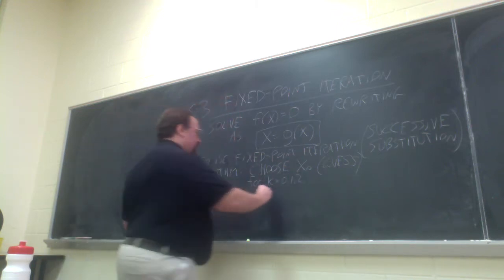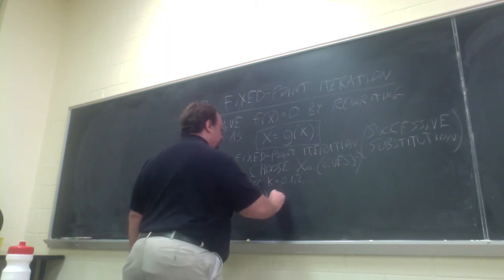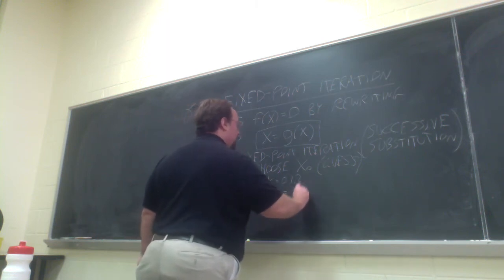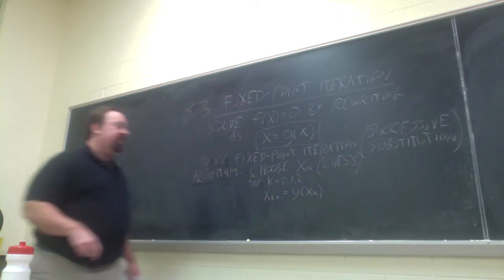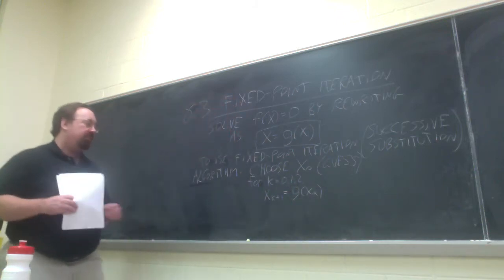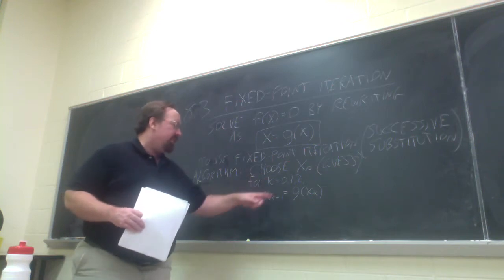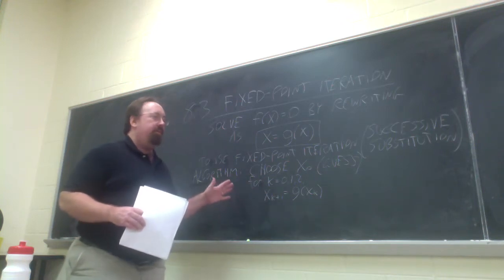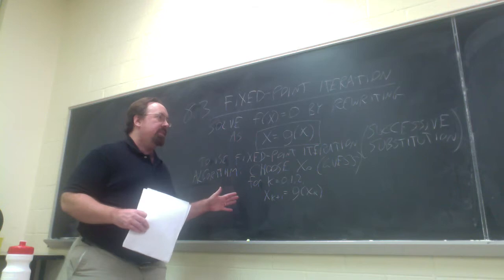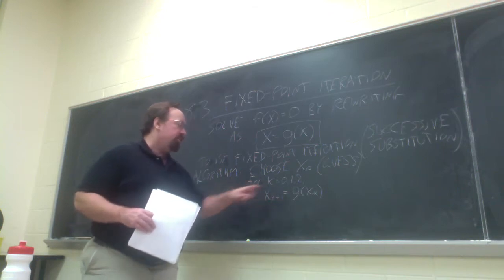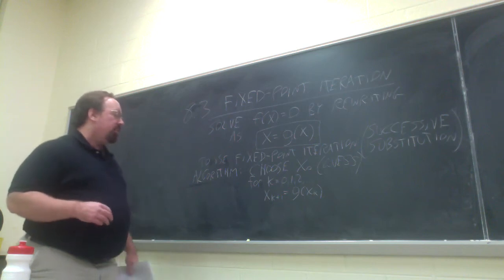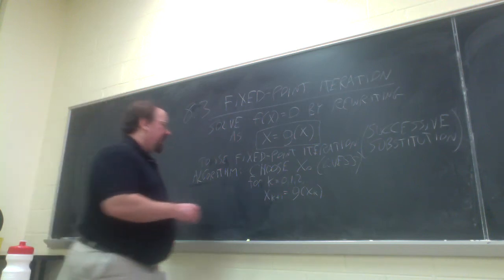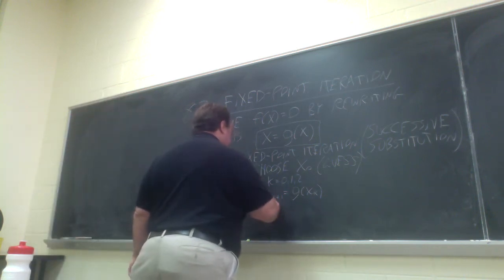And to get each new iterate, xk plus 1, all you do is substitute your previous iterate, xk, into your function g. And what's going to happen is, if the iterates xk actually converge to a limit, then this equation x equals g of x will be satisfied, because these will converge to something that is equal. And then all we have to do is check for convergence.